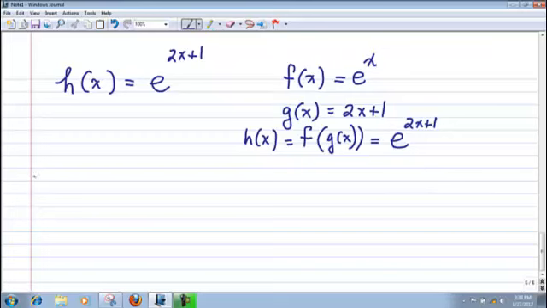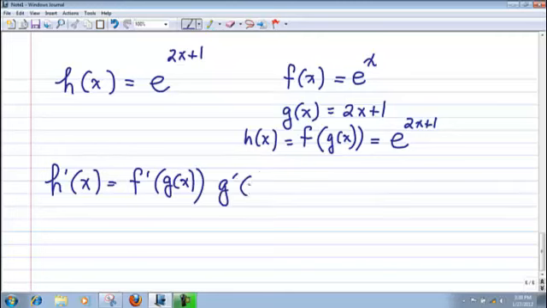So h prime of x will be f prime evaluated at g of x multiplied by g prime of x. So I can, off to the side, I know that the derivative of e to the x is just e to the x.